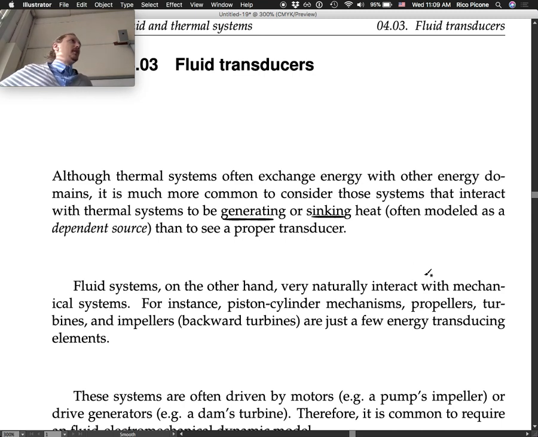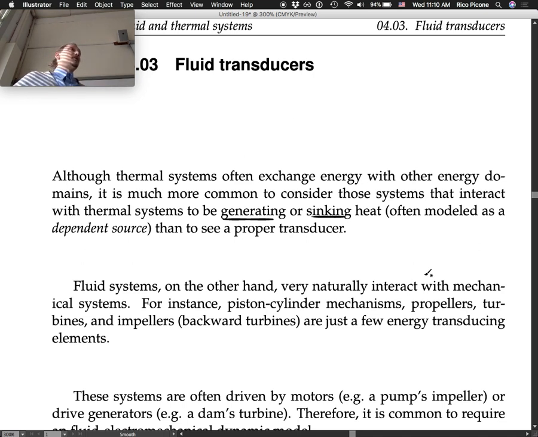This is associated with thermal systems, thermal energy being the highest entropy form of energy. Entropy is always increasing globally. So that's in part why this transduction doesn't really happen in a proper sense for thermal systems.